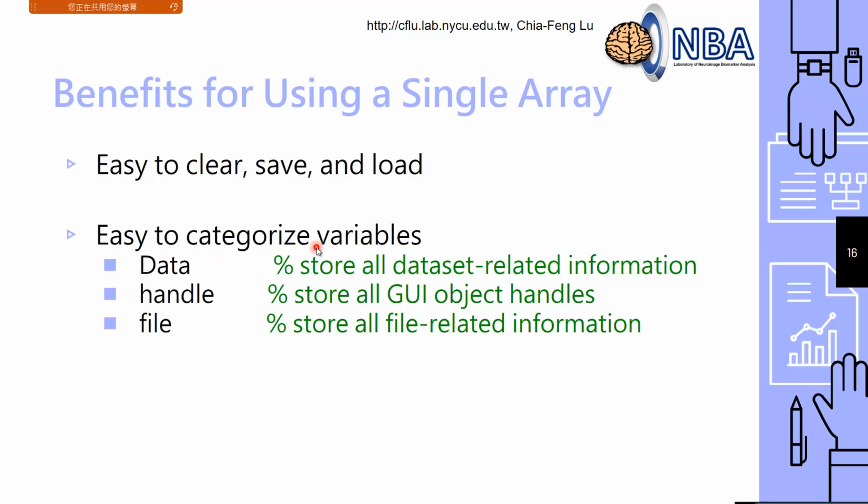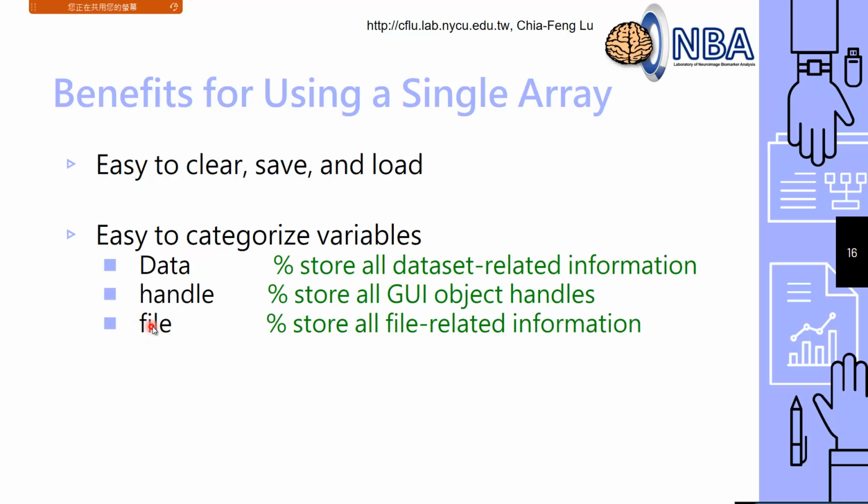And with a structured array, you can easily categorize variables. For example, if there is a structured array named data, I immediately know everything under this data. For example, data dot predata, data dot postdata. They are all associated with data that were collected.